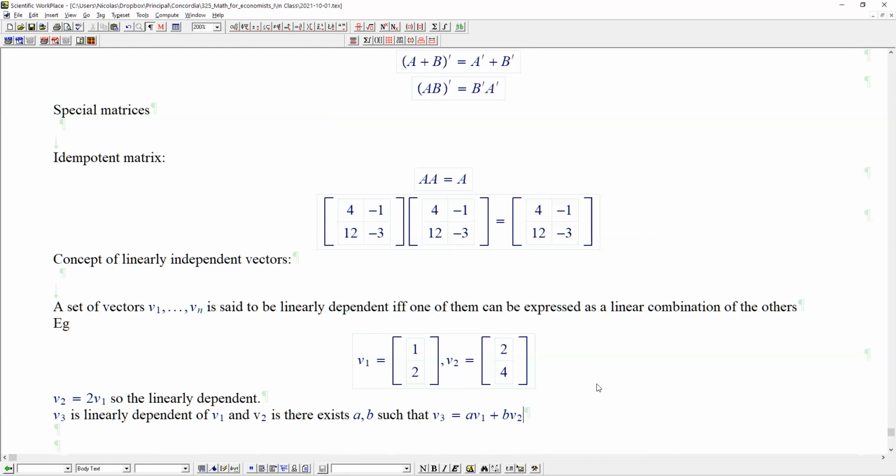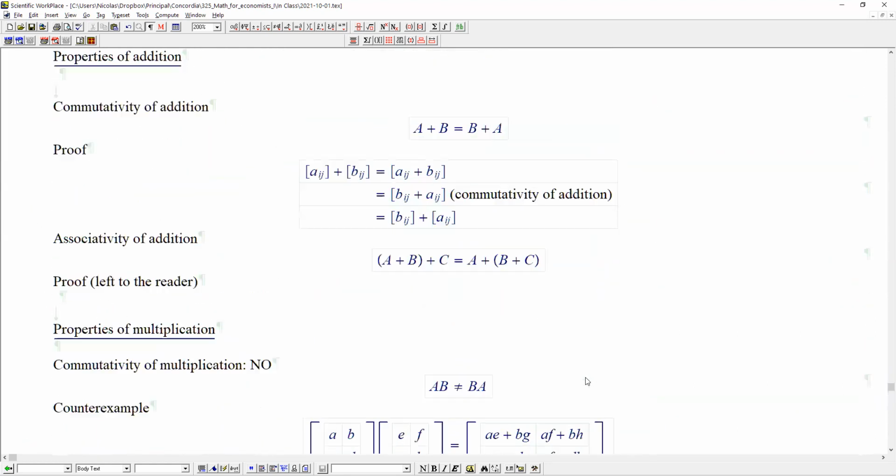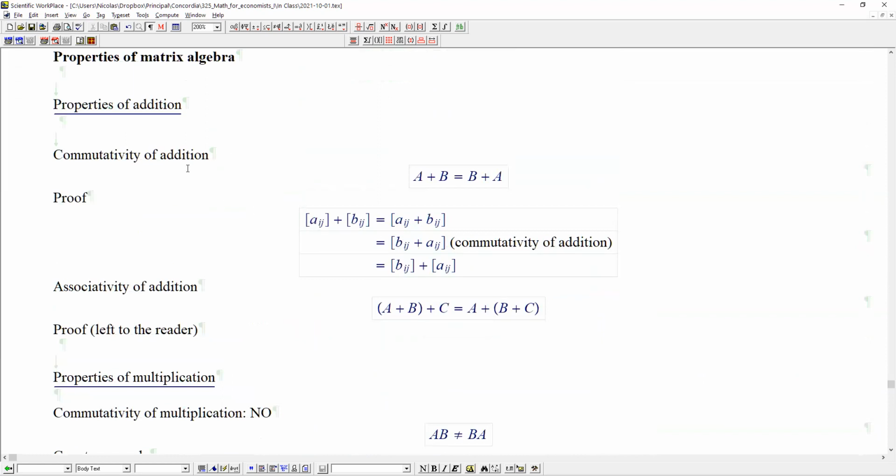Okay, I can do that. Yes, I can post the notes. And then what you can do is say, as I did here, for instance, I say, okay, prove that this is true. So A plus B is A_ij plus B_ij. This is the definition of addition of two matrices.